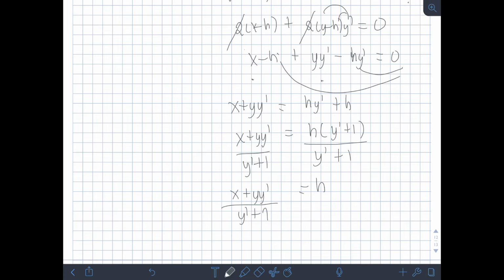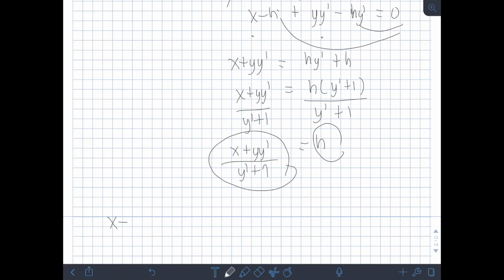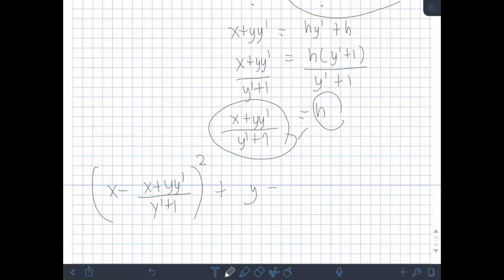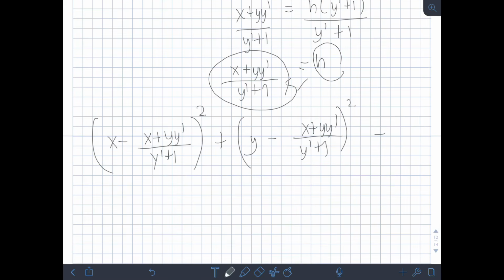Ngayon, pwede na nating i-substitute itong h in terms of this expression dito sa original equation natin na in terms of h lang yung constant. So, pag ginawa natin yon, magiging x minus h, ito yung isa-substitute natin, (x plus y prime) over (y prime plus 1), then squared, plus y minus h din na to, (x plus y prime) over (y prime plus 1), quantity squared, and then equal sa 1.